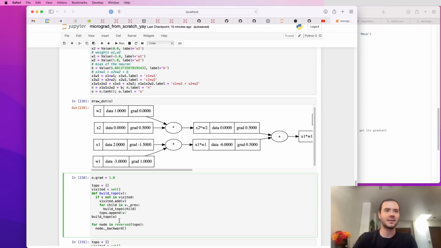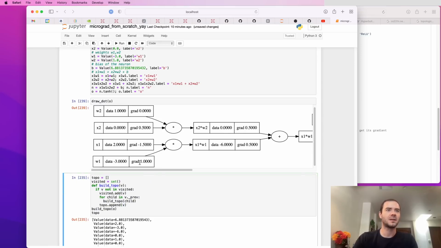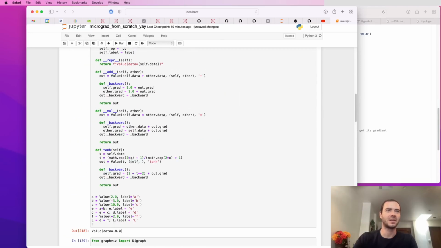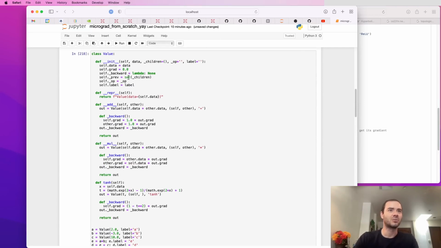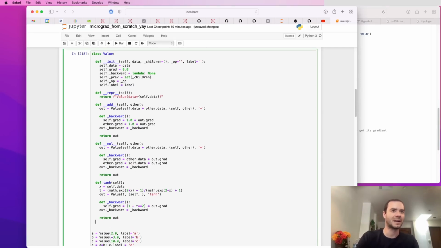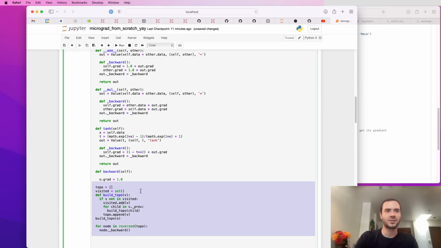Finally, we are going to hide this functionality. So I'm going to copy this, and we're going to hide it inside the Value class because we don't want to have all that code lying around. So instead of an underscore backward, we're now going to define an actual backward, that backward without the underscore. And that's going to do all the stuff that we just derived. So let me just clean this up a little bit.